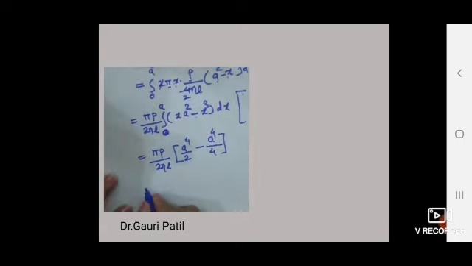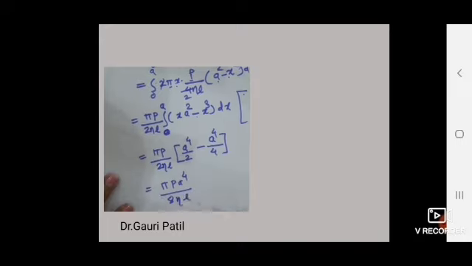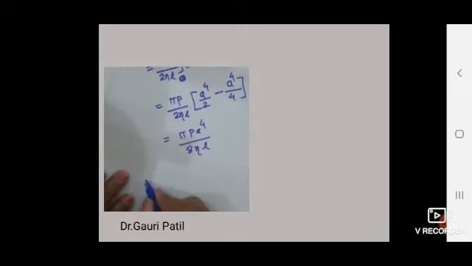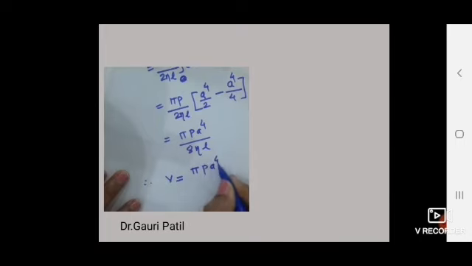Finally we get pi p a raised to 4 upon 8 eta l. Therefore we can write V equal to pi p a raised to 4 upon 8 eta l.